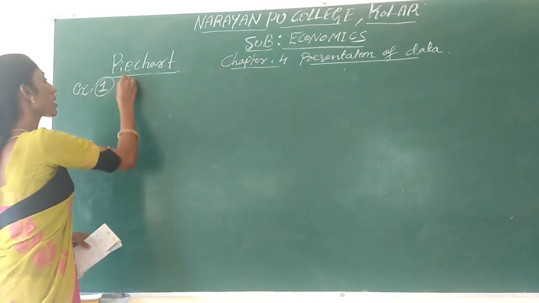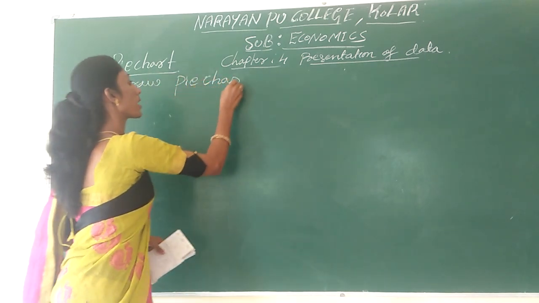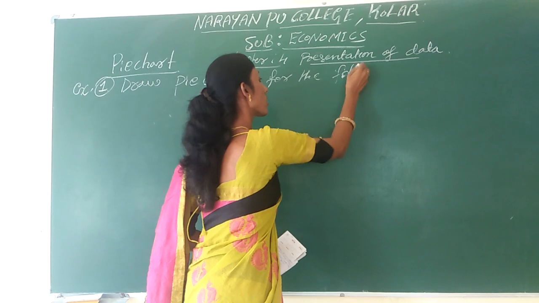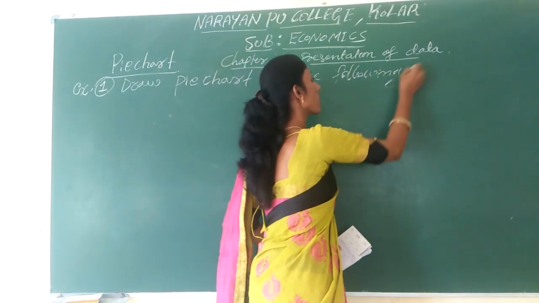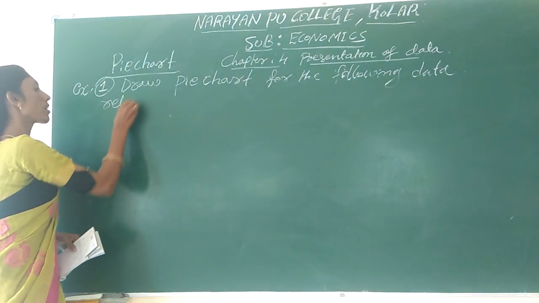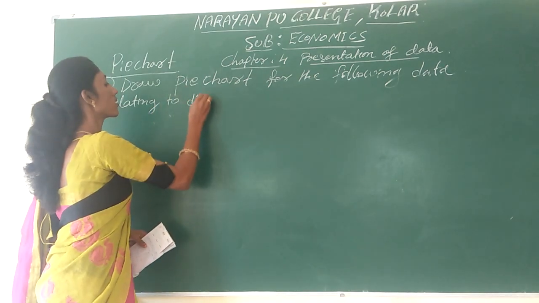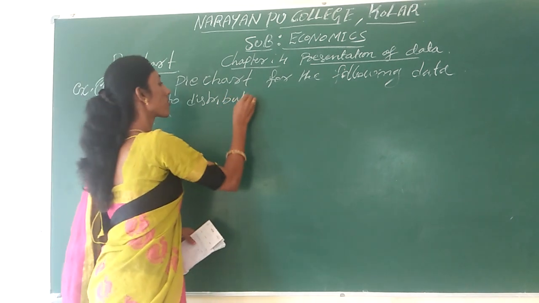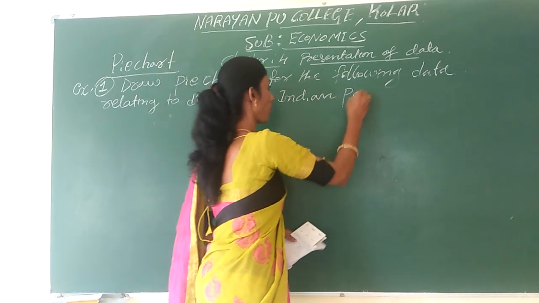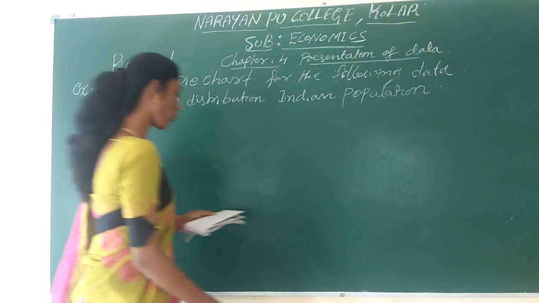Draw a pie chart for the following data relating to distribution of Indian population by their working status.